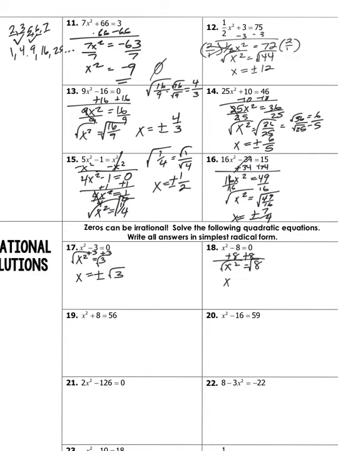And here we have an interesting situation. So 8 can be broken up into its factors, right? We want to try, if we can, to simplify a radical as much as possible, okay? So if we have the square root of 8, we can simplify this.